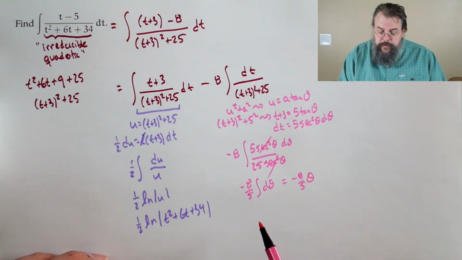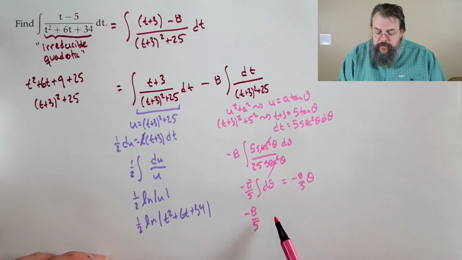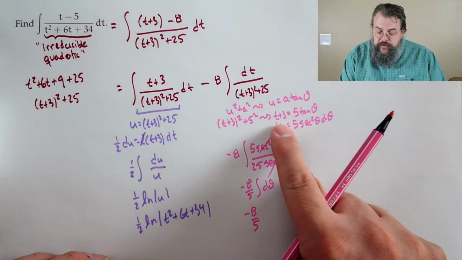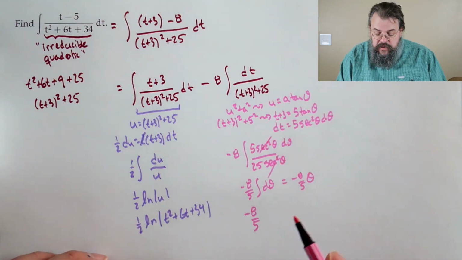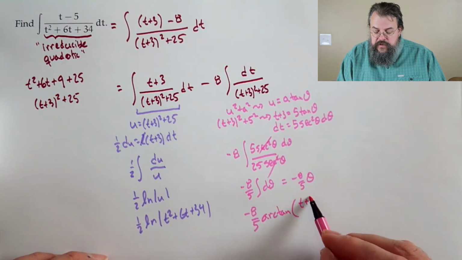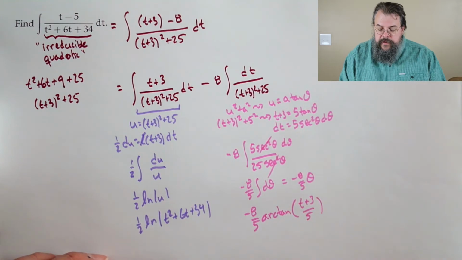And now we're almost there, right? So we get minus 8/5, and then we're going to have theta. Well, solve: divide by 5 and take arctangent. So arctangent of (t+3)/5.